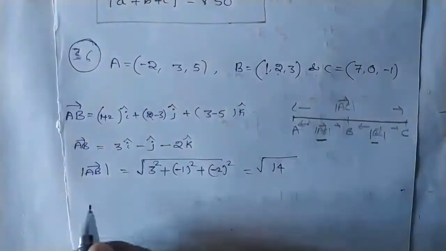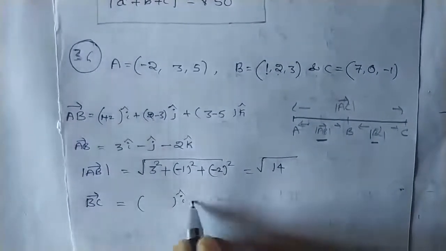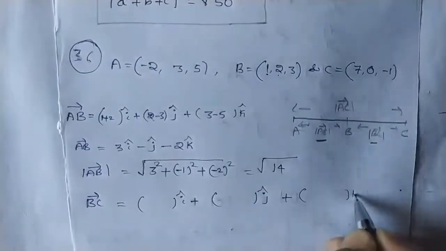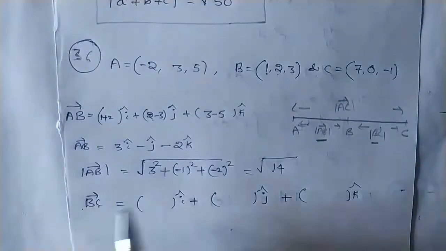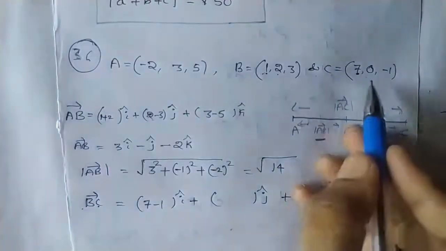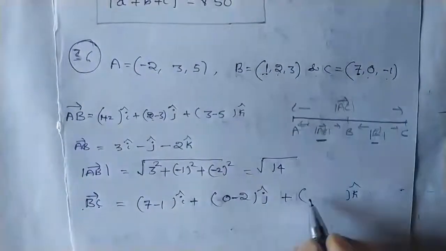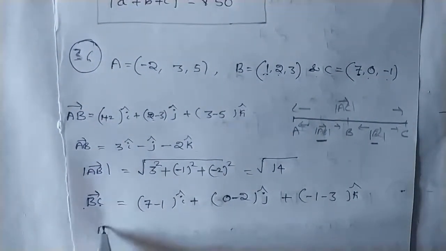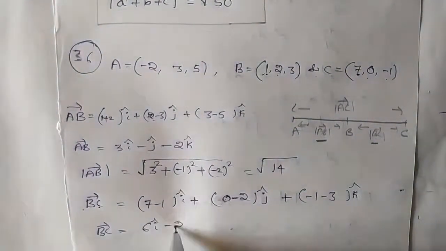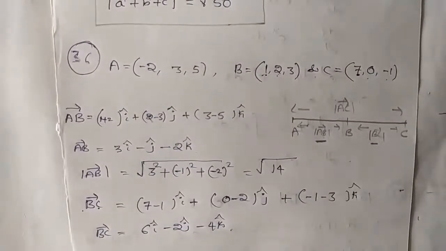Similarly find out BC vector. BC vector is C minus B: 7 minus 1, 0 minus 2, minus 1 minus 3. So BC vector equals 7 minus 1 is 6i minus 2j minus 4k.